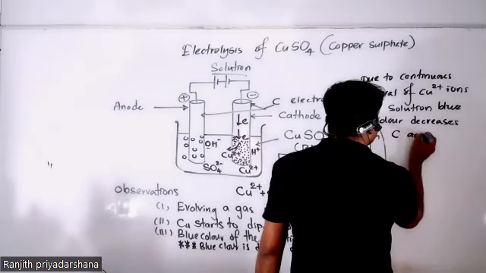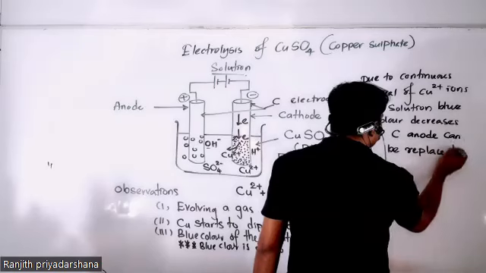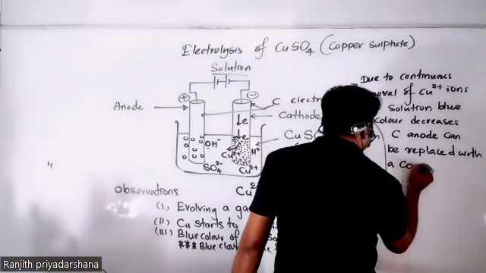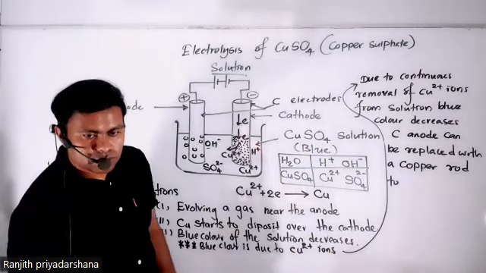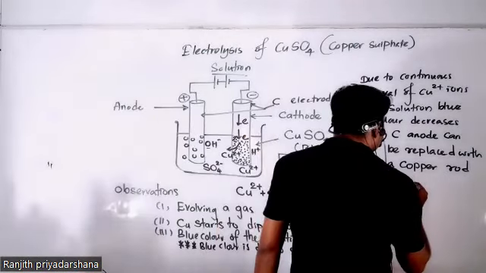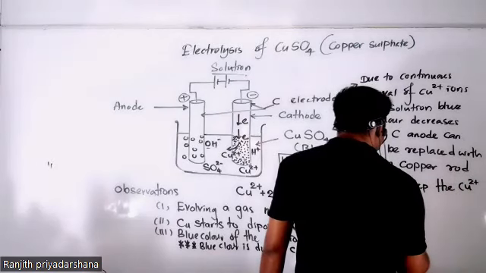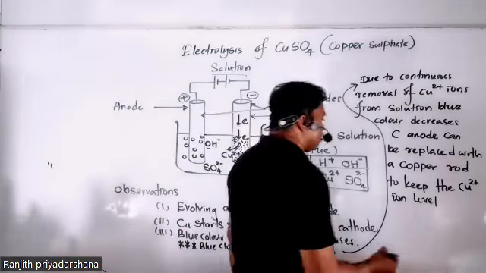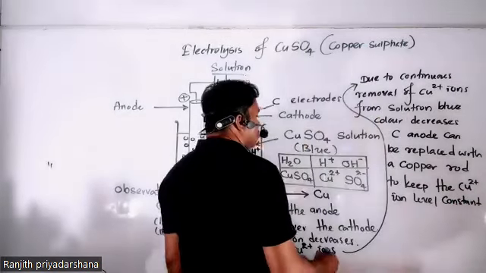Carbon anode can be replaced with a copper rod to keep the Cu2+ ion level constant in the solution. Cu2+ ion level means the blue color.